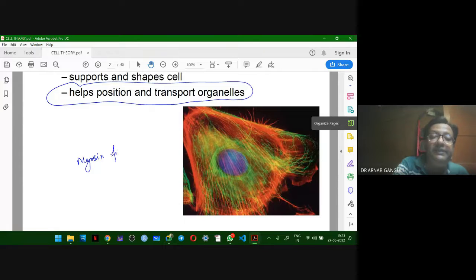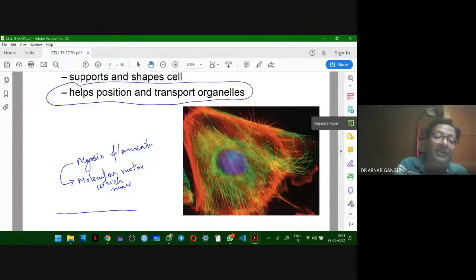On these filaments, you have some molecular motors which move. So you have this microfilament on which you have molecular motors. I'm drawing it like a car. They move on top of these filaments.